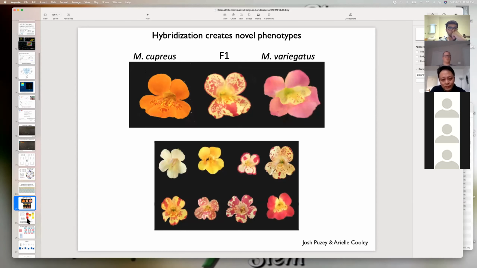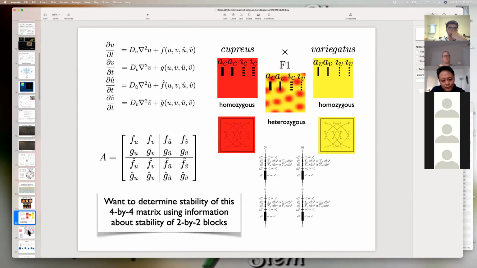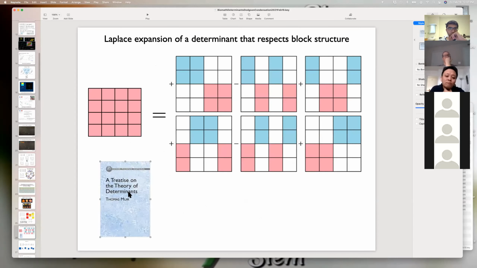Okay, so back to our problem. I wanted to understand eigenvalues and determinants of block 4x4 matrices. In my reading of this book, A Treatise on the Theory of Determinants, a very famous classical monograph by Thomas Muir, I found this Laplace expansion that I'd never seen before.